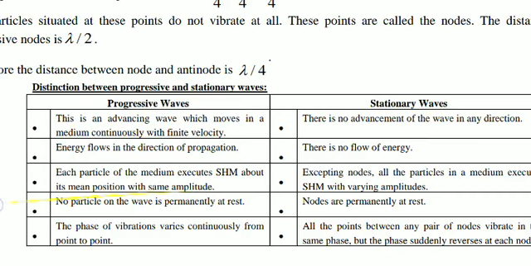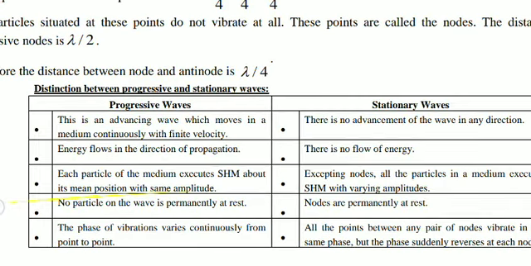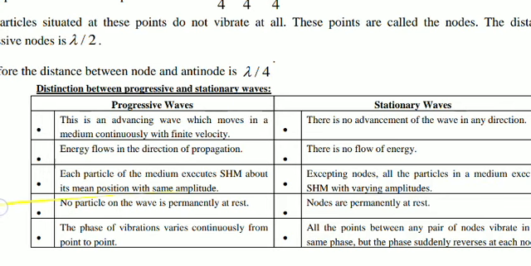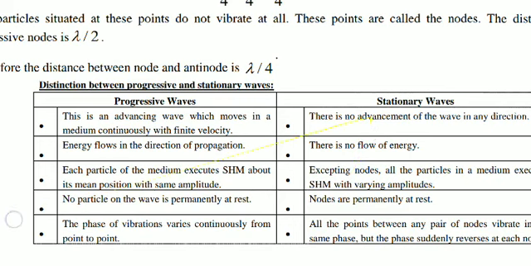However, in case of standing wave, except the nodes, because at nodes all the particles will be stationary, all the particles in the medium will execute simple harmonic motion with varying amplitude. We have just seen that the amplitude will be different for every particle.